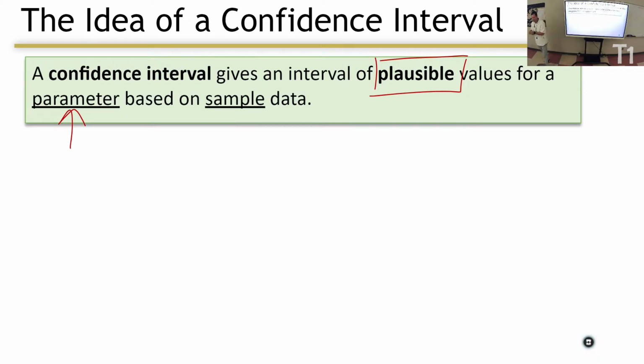So a confidence interval is some interval of plausible values of a parameter, based on a sample, which, I mean, that's all I can base it off of. I have to base it off of a sample. So that's what an interval is. It's a confidence interval, because we're confident or not confident, or kind of, that's just what they call it, a confidence interval of plausible values we think what the population is.